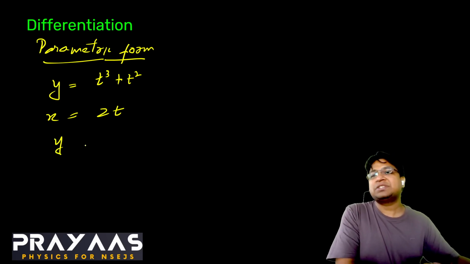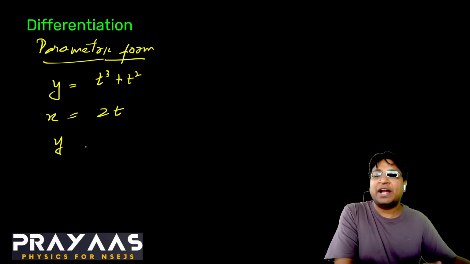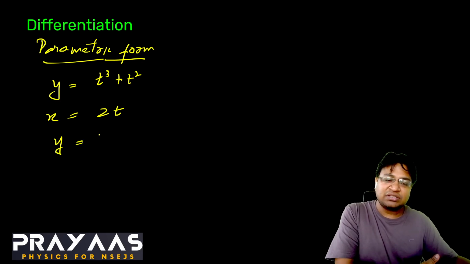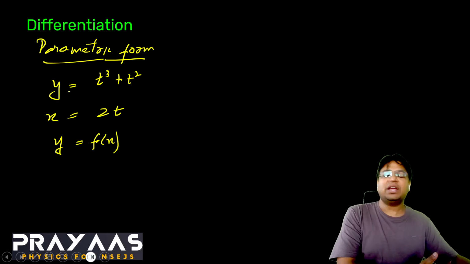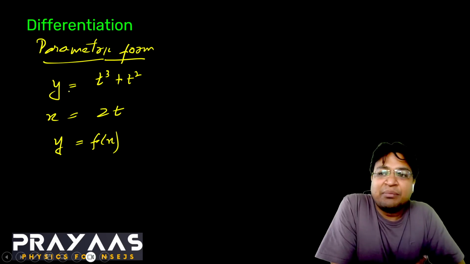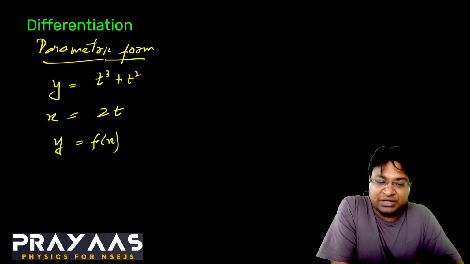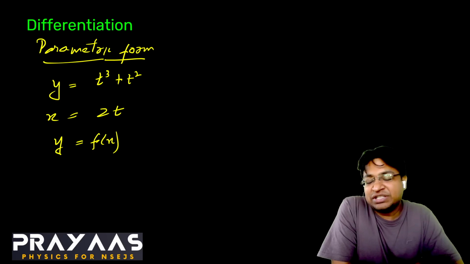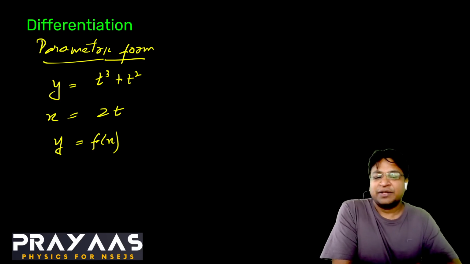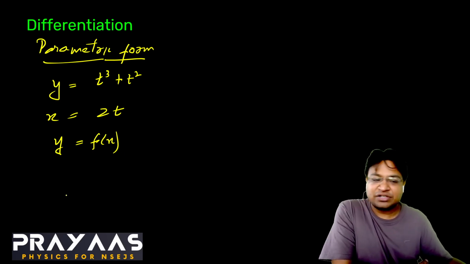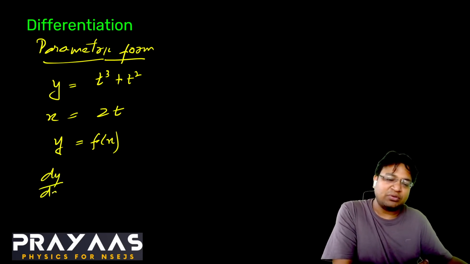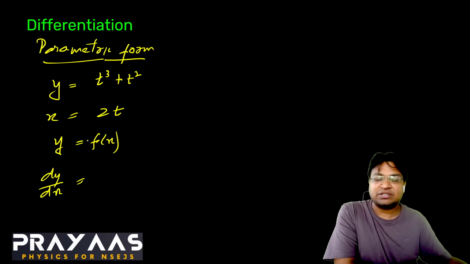So we have expressed an indirect dependence of y on x. y is still a function of x, but we are expressing that dependence using a parameter. The parameter is called t here. So we can talk about dy by dx, that is a meaningful thing.